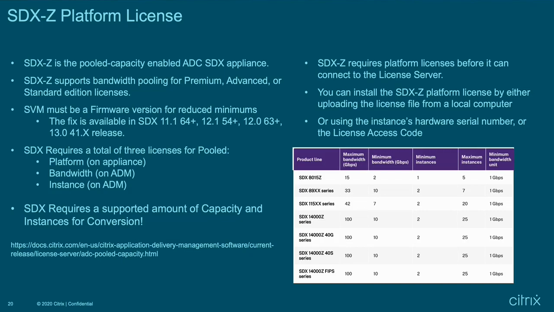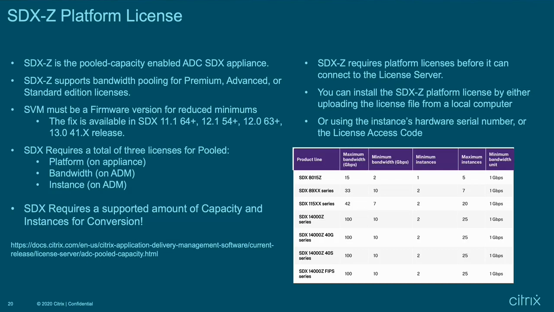So again, any licensing that you have above and beyond 10 gigs worth of traffic and 2 instances now becomes portable, becomes floating. It becomes this pool capacity, which you could use to service other appliances that are connected to the pool. You could utilize this to perhaps bring up some VPXs on a cloud-based platform or an internal-based system.